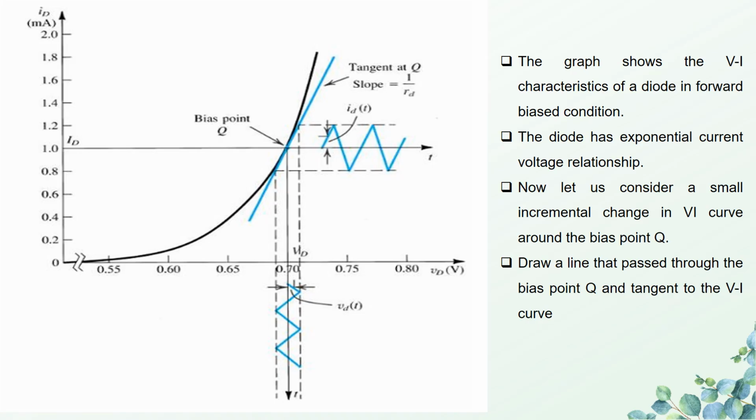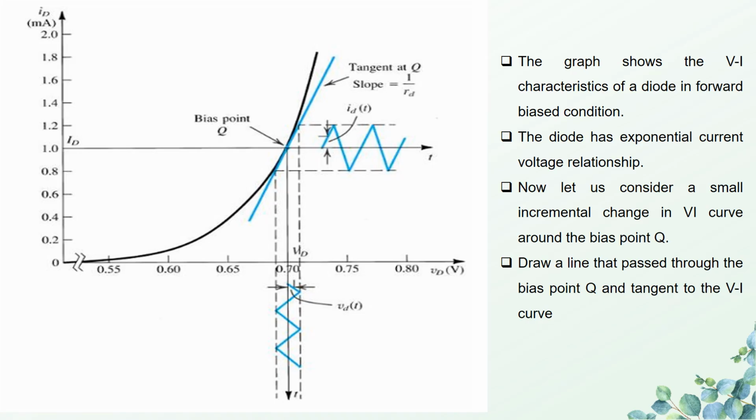Now let us consider for the built-in potential 0.7 we are having the corresponding ID current as 1. So the intersecting point of this one with respect to the exponential increasing current is said to be the bias point Q. So now let us consider we are varying the voltage to a small amount, so that from 0.7 below and above 0.7 we are having a small incremental voltage del VDD.